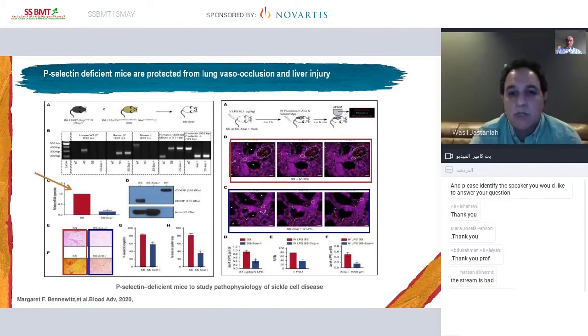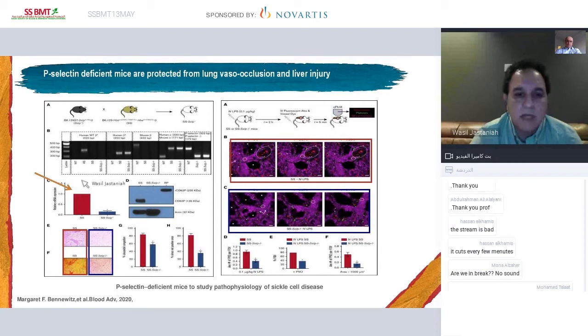vasoocclusion again. More recently, a complete P-selectin deficient mouse model was developed in this recently published study. And they compared the SS mouse to the P-selectin deficient mouse. And as you can see, the SS mouse had an increased expression of P-selectin compared to the knockout mice.